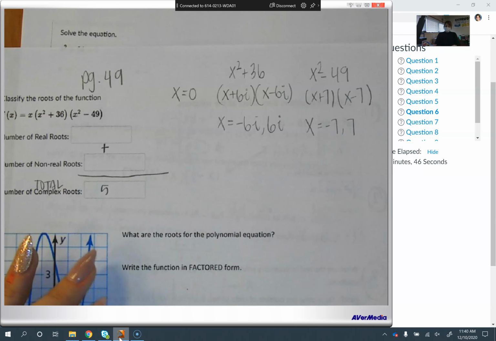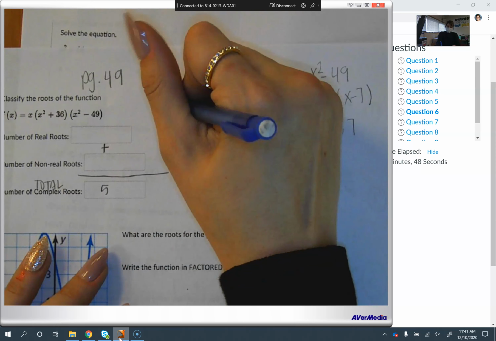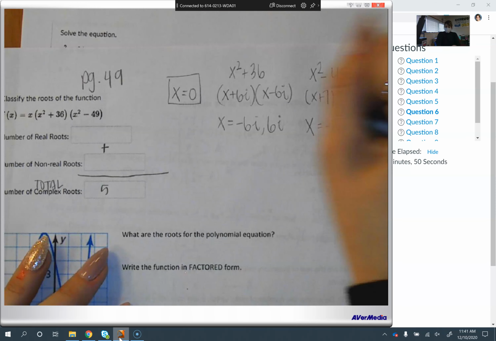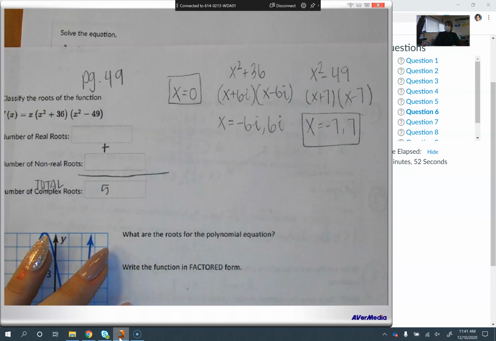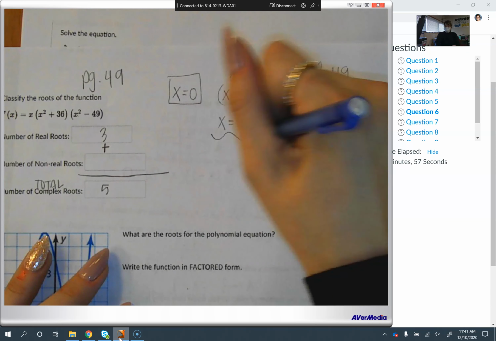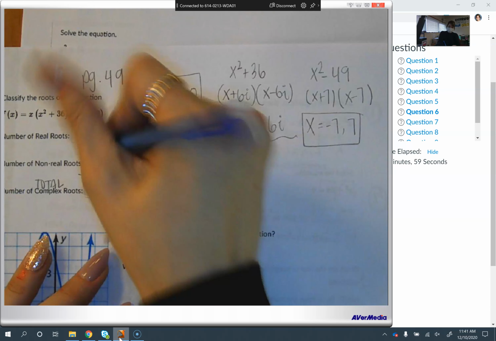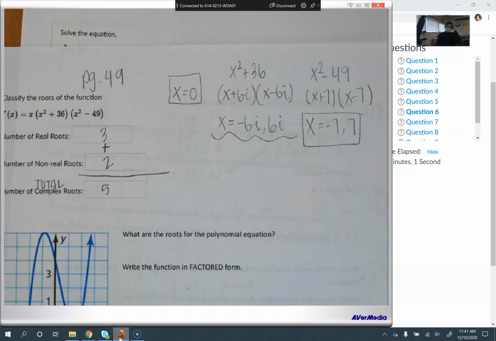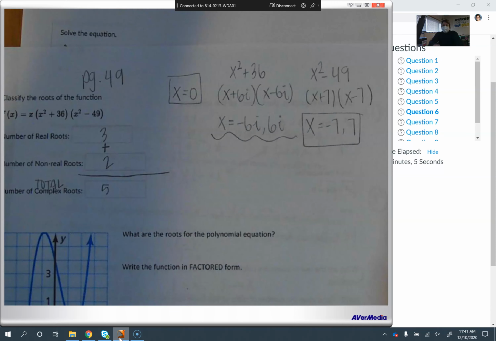How many are real? Well, 1, 2, 3. How many are imaginary? 2. Your other option is you can graph it.